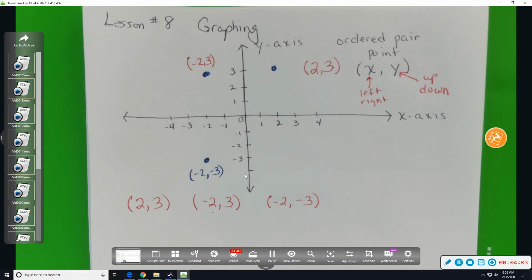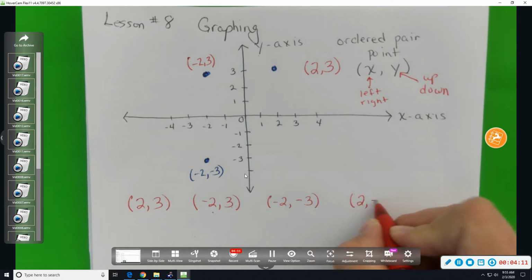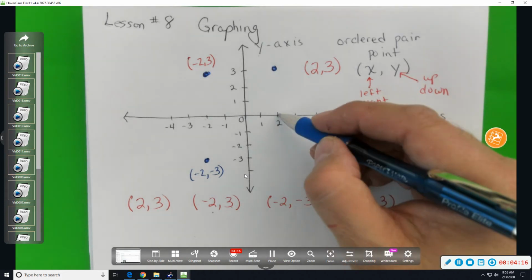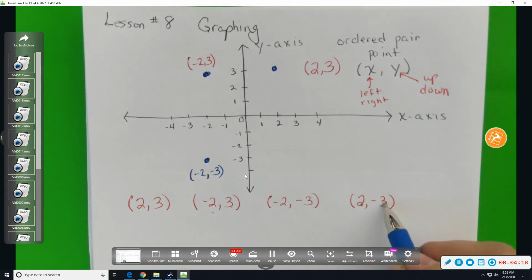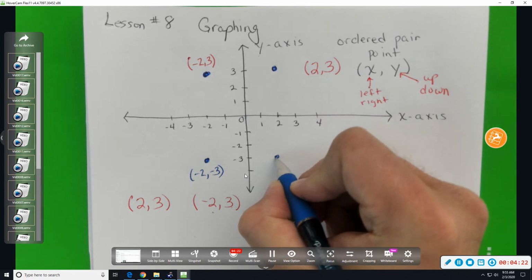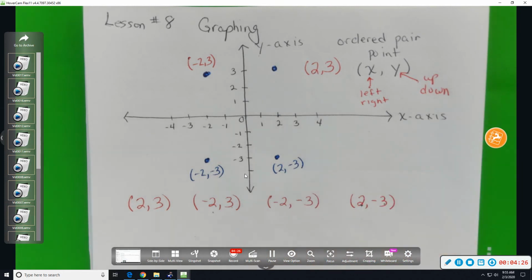And one more point. Positive 2, negative 3. Where would that be? That would be right 2, down 3. So that's the point 2, negative 3.